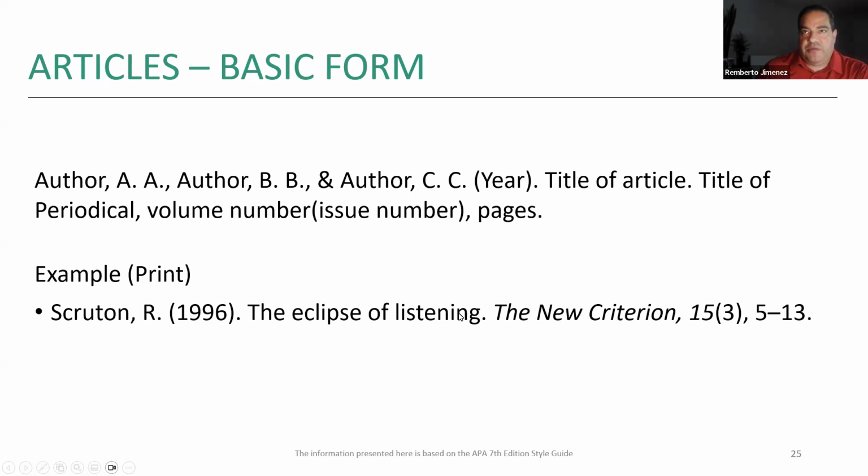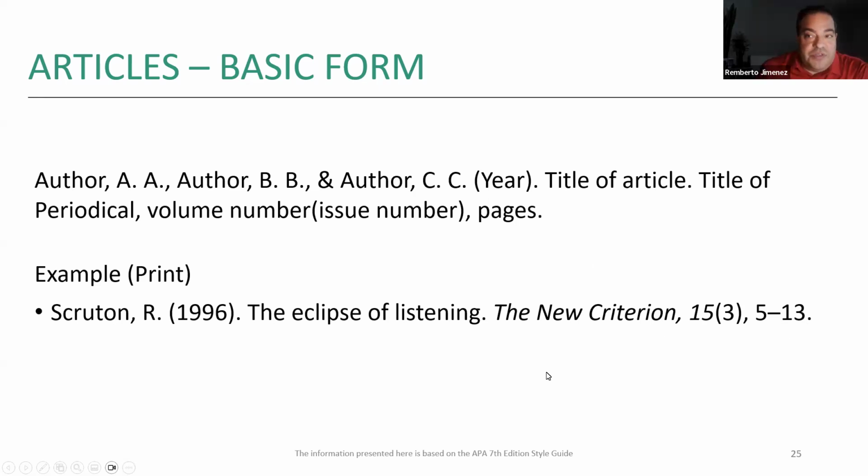Notice that the title is pretty much in sentence case: with the exception of the first letter of the sentence, everything else is in lowercase. You have the periodical that it's from, the volume and issue number, followed by the page numbers where this article can be found, with a period at the end. So again, I'm giving you these guides to help you formulate your answers and responses.